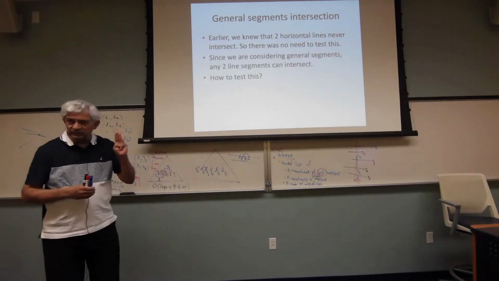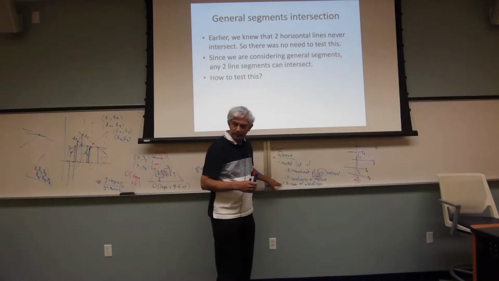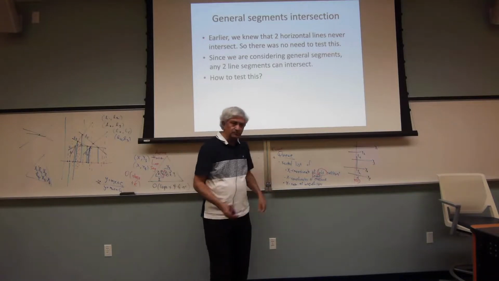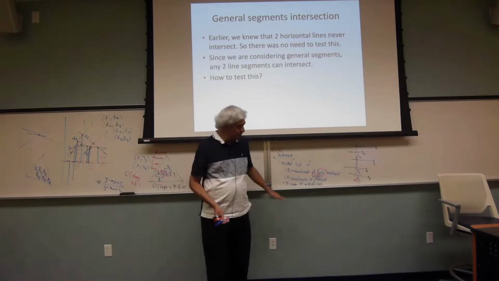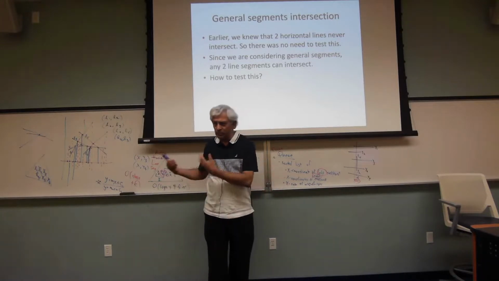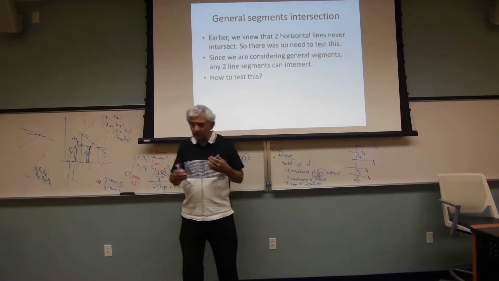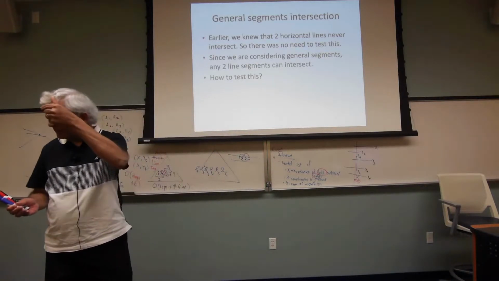But there are three kinds of events now. One is the left endpoint, the other is a right endpoint, the third is an intersection point. If it's a left endpoint, we are adding an extra line to our data structure. If it's a right endpoint, we are removing a line from the data structure. And if it's an intersection event, we're reporting it, and we are doing a flip of something.